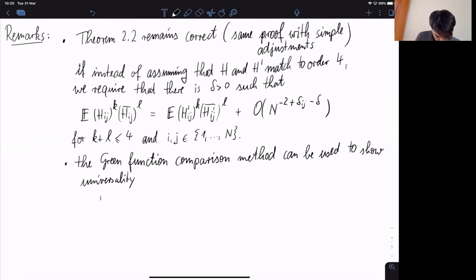So the first one is at active spectral edges. So that's when the E would be ±2. Then of course you don't get the sine kernel anymore, or the analog in the GUE case, but something else.